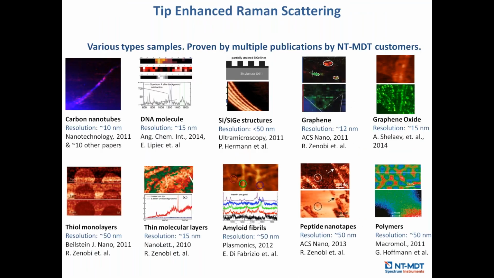So summarizing, we can say that during the last 10 years, a lot of groups have successfully achieved TERS results using different types of probes and different types of materials, and these groups have generated more than 50 publications for TERS applications.